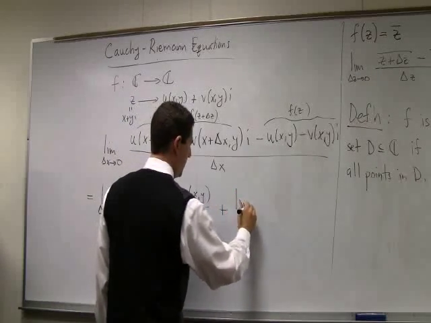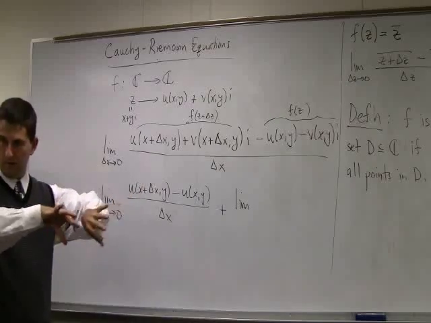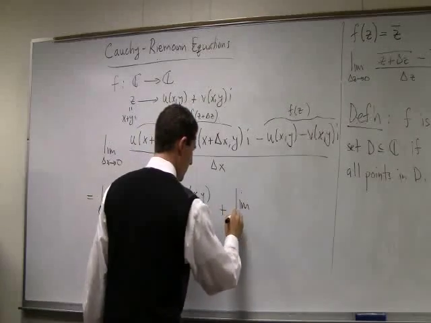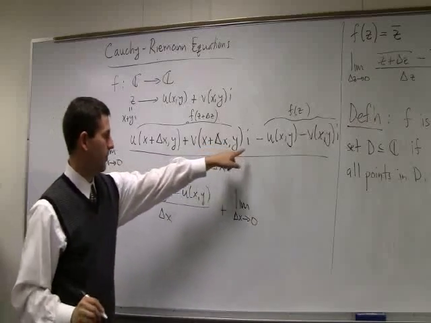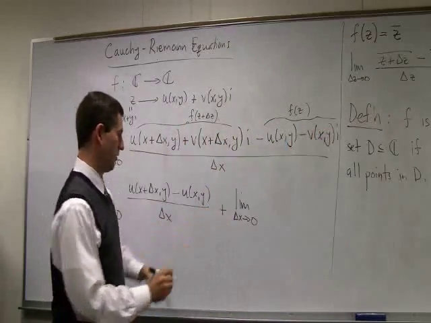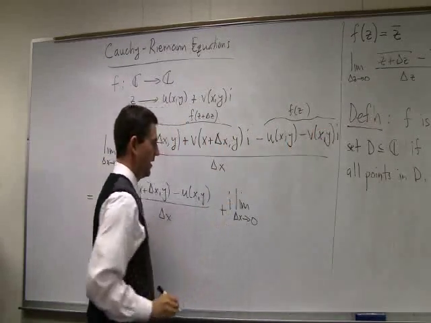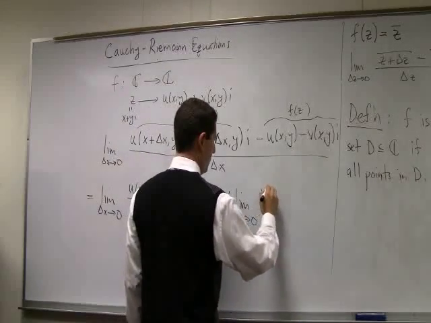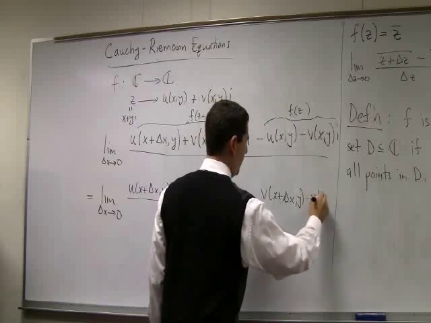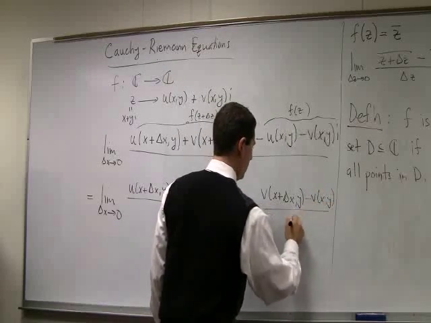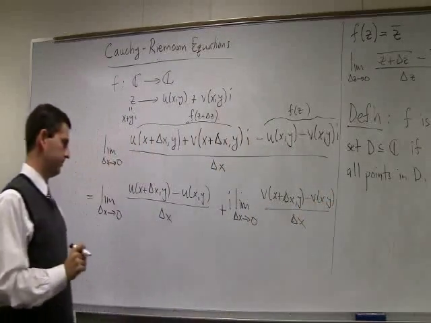Plus, and you won't be surprised to know that the limits can be split up, the limit as delta x goes to 0. Now I do the v's, and this i is just a constant, so I can pull it out to the front, and I get v of x plus delta x comma y minus v of x, y over delta x.